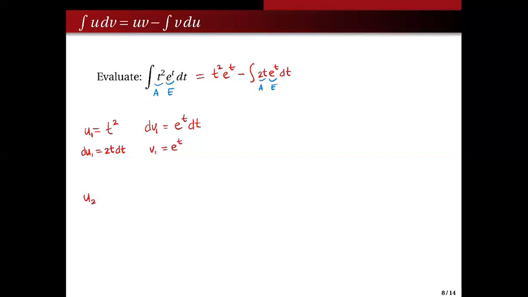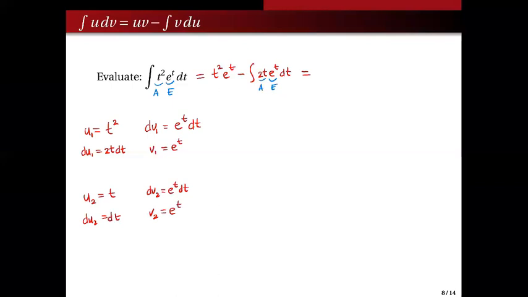Your u sub 2, let's just write t, because I'll factor this 2 and bring it outside the integral sign. So u2 is t, dv2 is still e to the t dt, and then du2 is equal to 1, or actually dt, and then v2 is still e to the t.